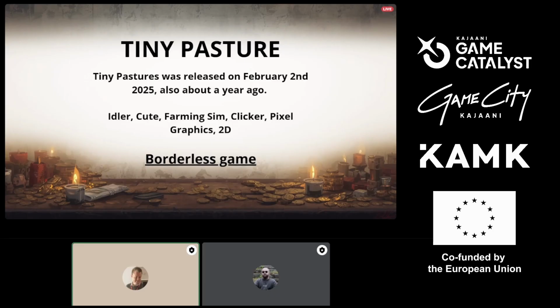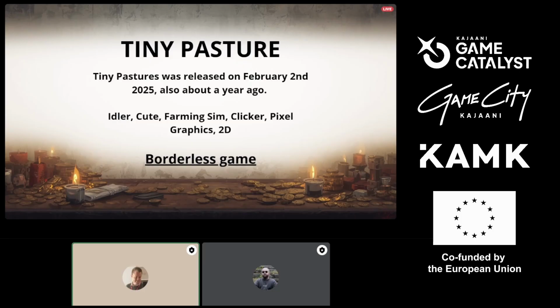So Tiny Pasture was released in February, one month before Bongo Cat, which is also about a year ago. It's an idler, cute farming sim clicker, pixel graphics, 2D, and it is a borderless game. If you don't know what a borderless game is, I learned that just recently, but I will explain.